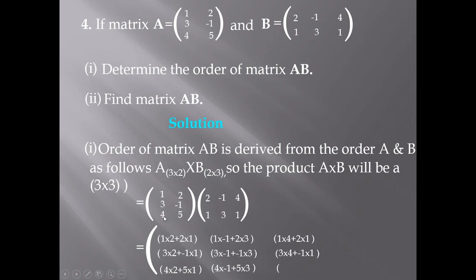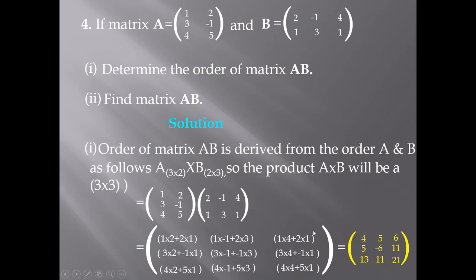Then 4 times 4 plus 5 times 1. Now we've exhausted all the rows and all the columns. Now once you get to this level, the most important part is now to compute and get the final answer. So once we do the computation, we can find out if it takes us the same.